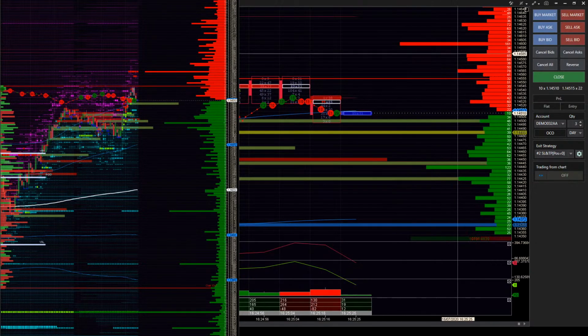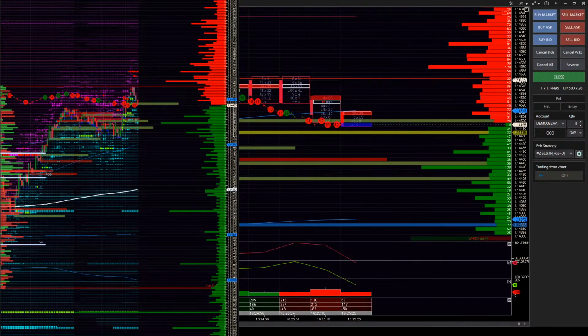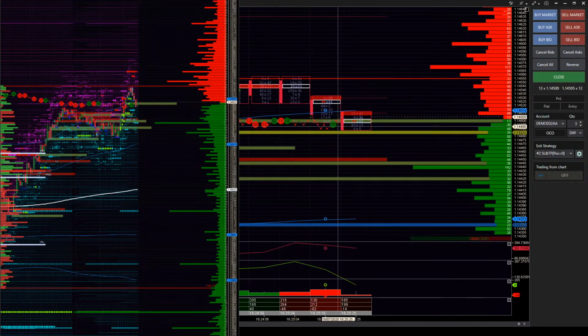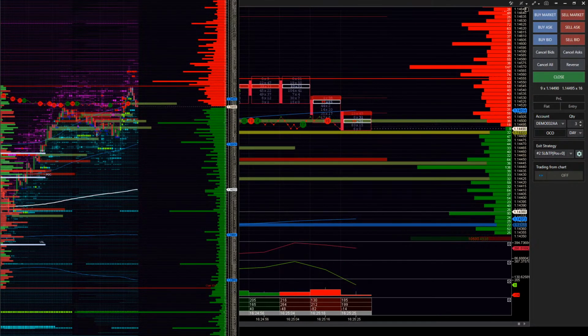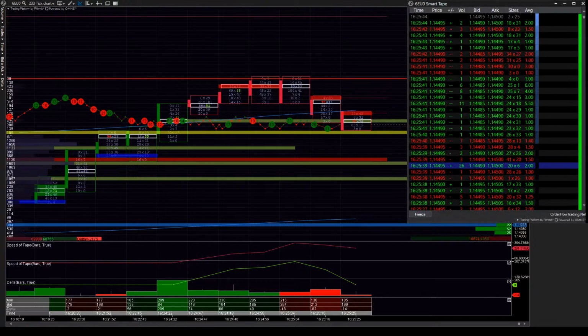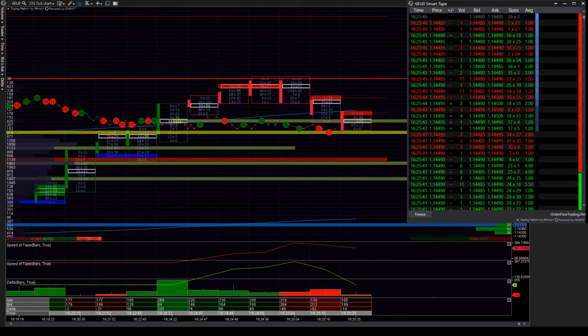You can see how they add the liquidity on the top, again they remove it, and now a lot of selling is being added into the market. You can see all the red happening in the market right now. Let me change the chart to the tape. You can see the tape, how it's moving right now.